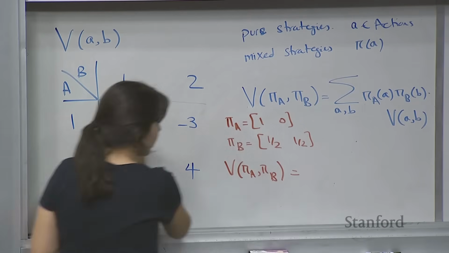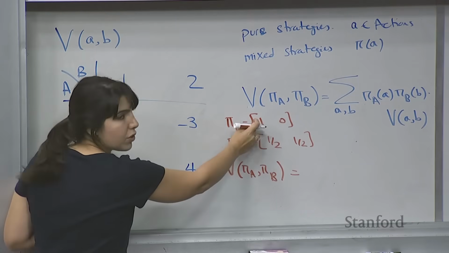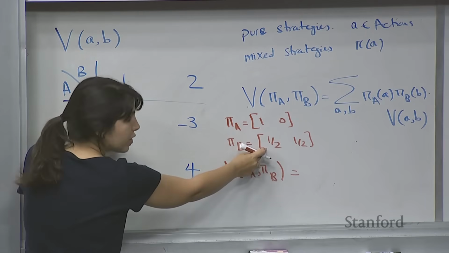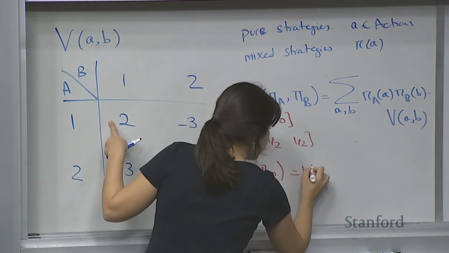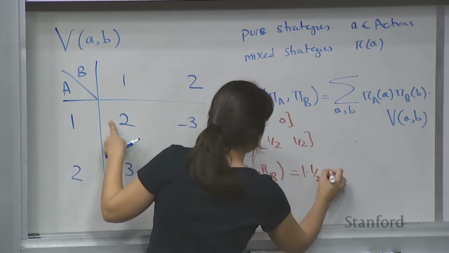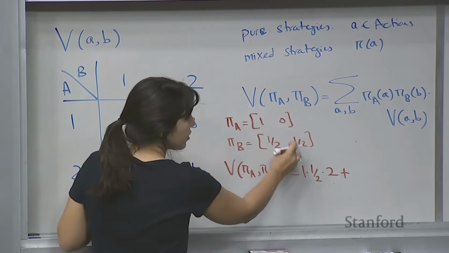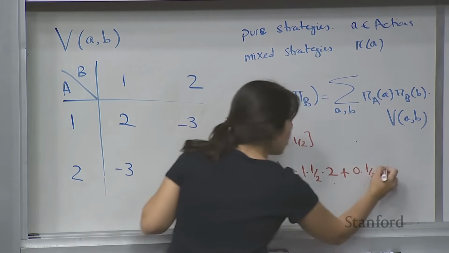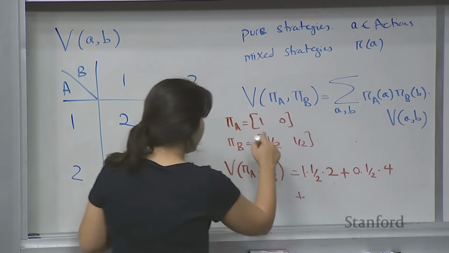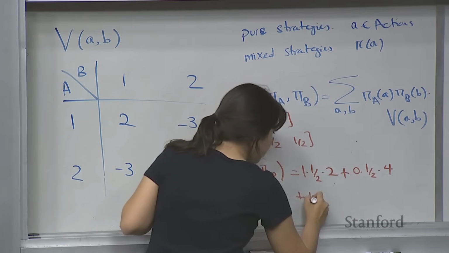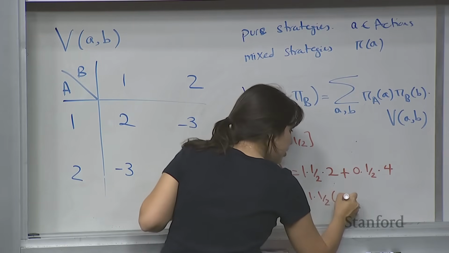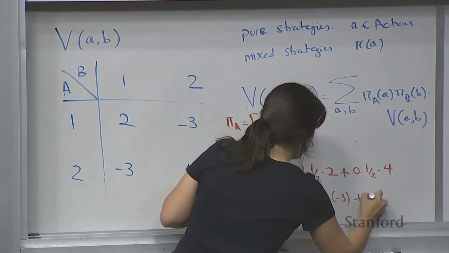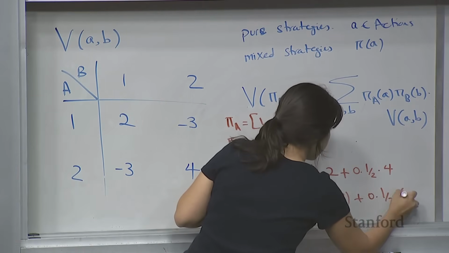Well, I'm going to use my payoff matrix, right? So 1 times 1/2 times the value that we get at (1,1), which is equal to 2. So it's 1 times 1/2 times 2, plus 0 times 1/2 times 4, plus 1 times 1/2 times minus 3, the value that I get is minus 3, plus 0 times 1/2 times minus 3.